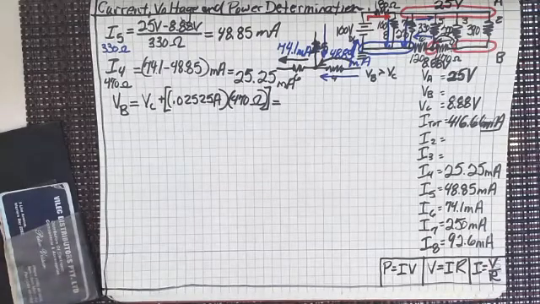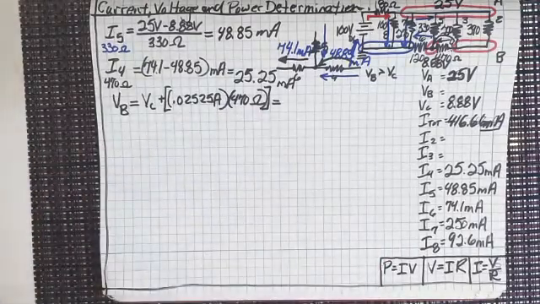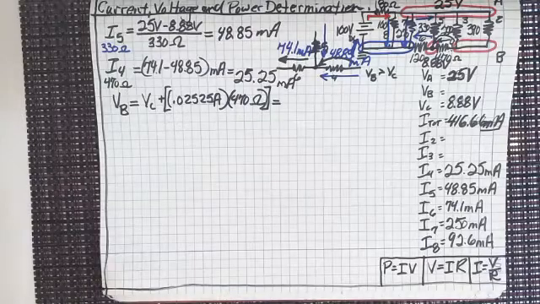People always seem to make mistakes along those lines. So let's get back to this. We've got the amperage and the resistance. So 0.02525 times 470 ohms is 11.87.